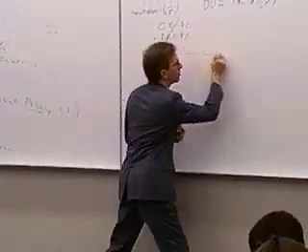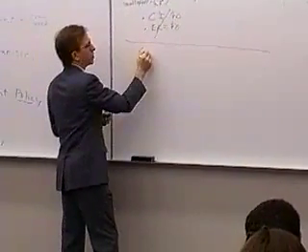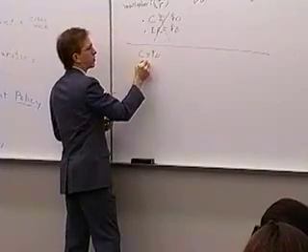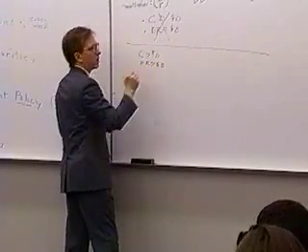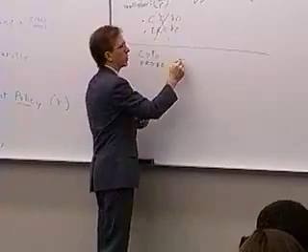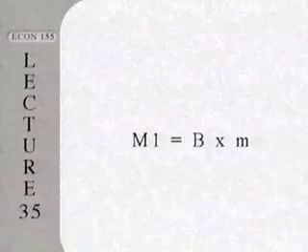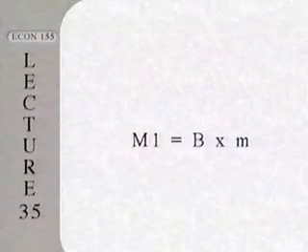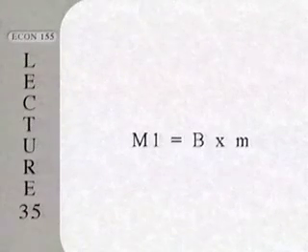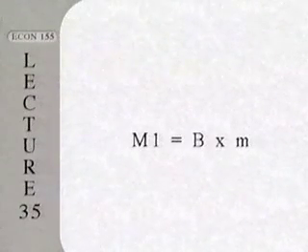Here's what we want to do. We want to come back and say currency is greater than 0, excess reserves greater than 0. And so then we need to put up a new formula where we'll say M1 equals B times M, and let me write a little explanation to go along with that. Now we're dealing with a different kind of money.